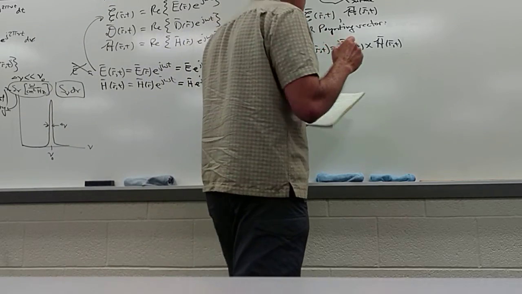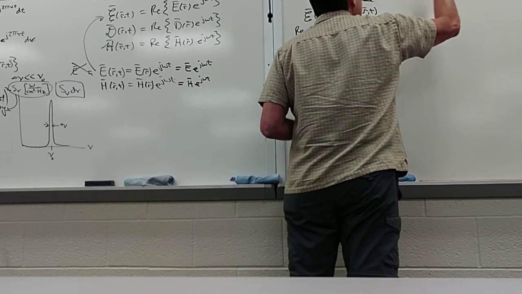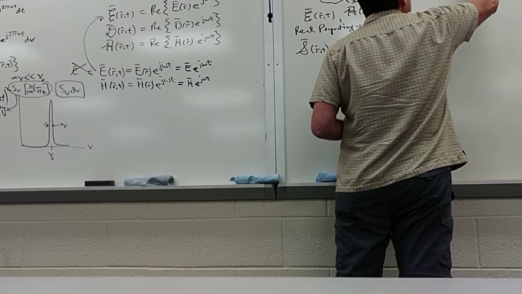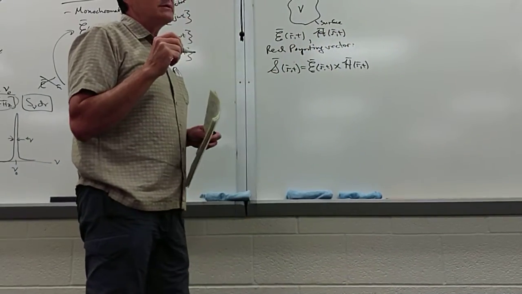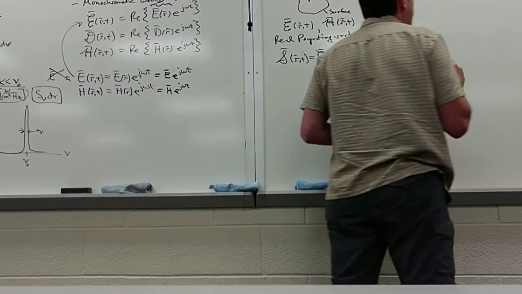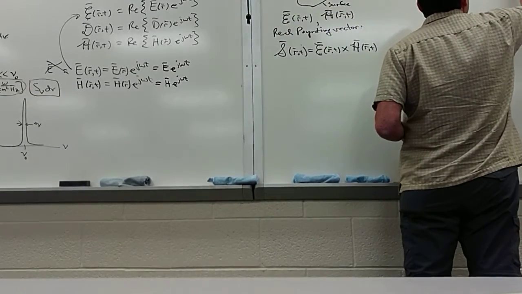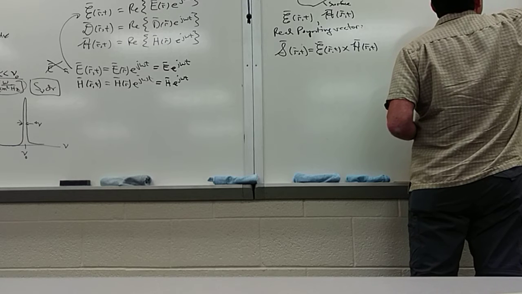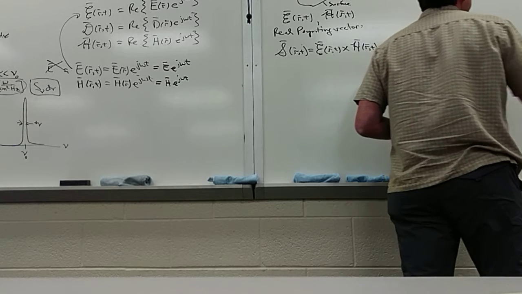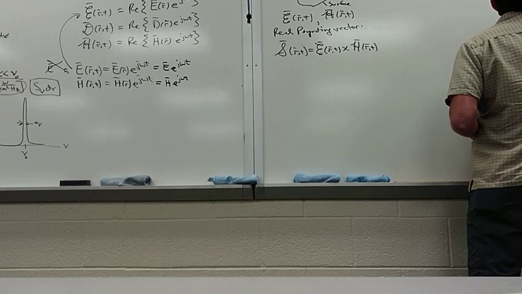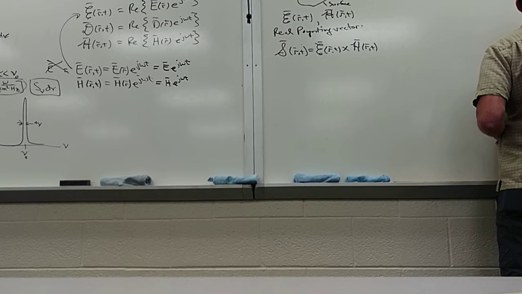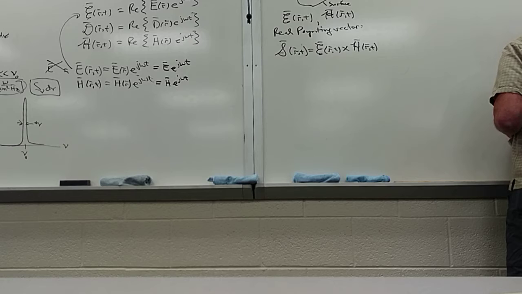Poynting's theorem says that the integral over that volume of the real electric field dotted into the real current density, that integral, plus the integral over the volume of the real electric field dotted into the partial derivative with respect to time of the real electric displacement, plus the real magnetic field dotted into the partial derivative with respect to time of the real magnetic flux density.